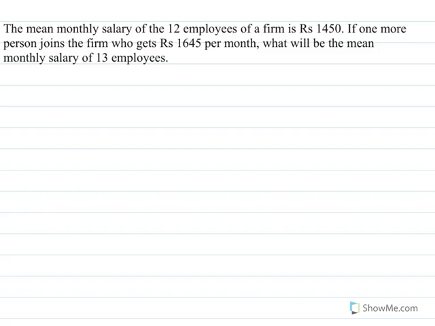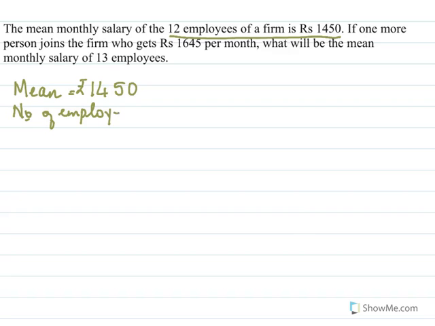The mean monthly salary of 12 employees of a firm is 1,450. So we have mean 1,450 rupees, and the number of employees taken for this observation is 12. So we know mean equals sum over number of observations.